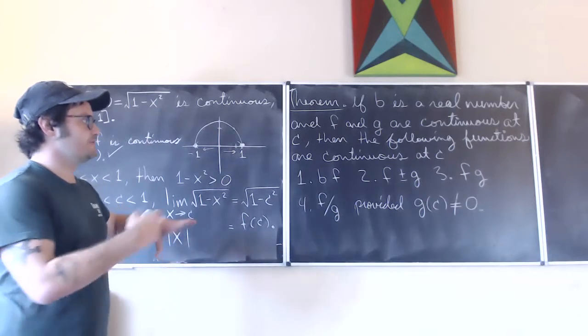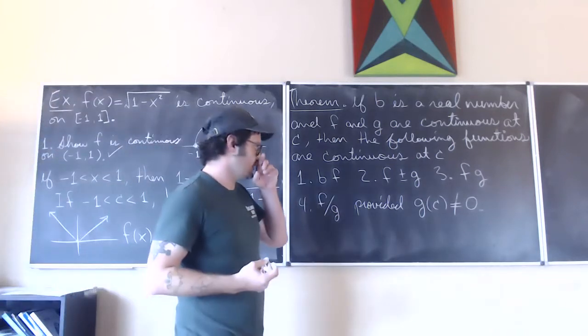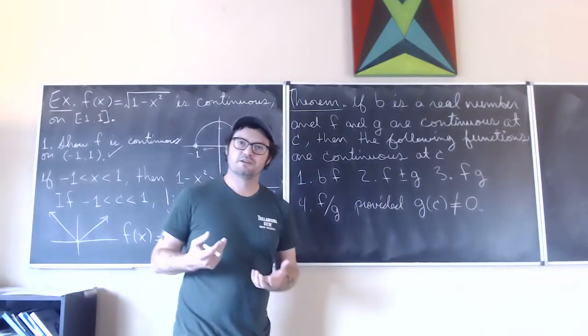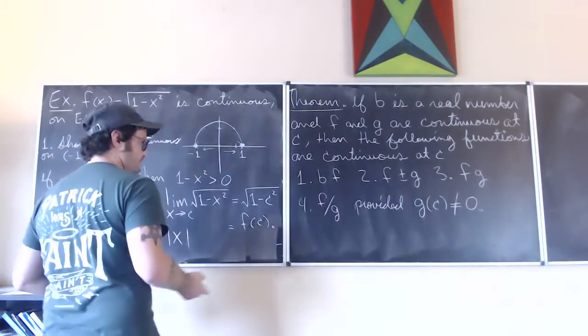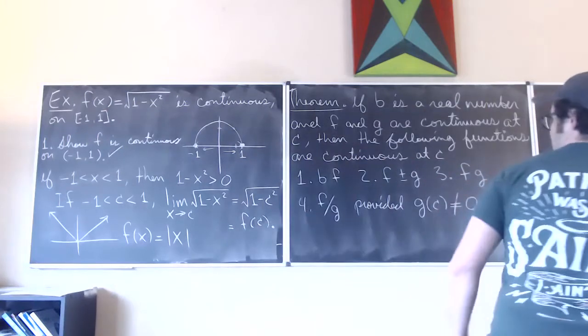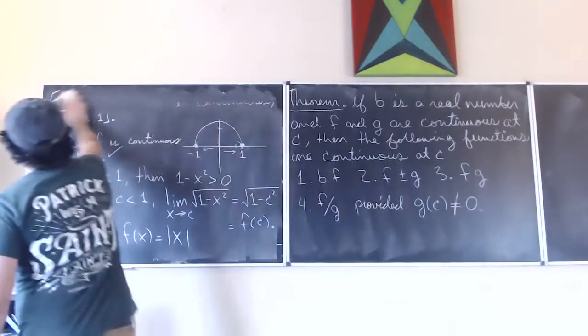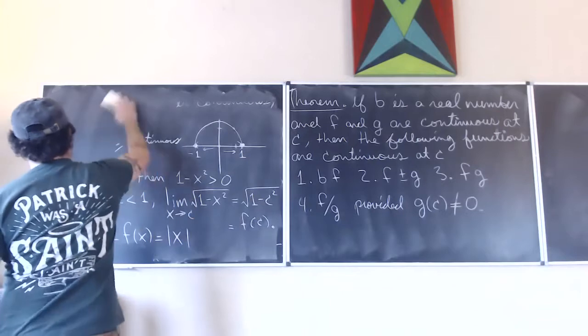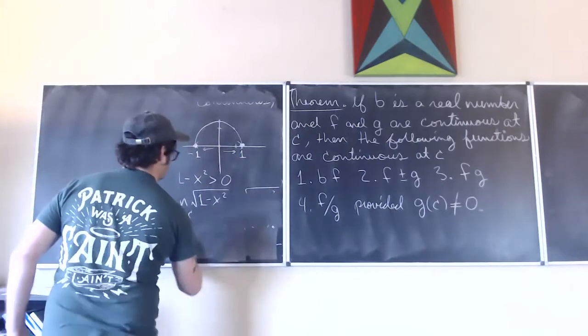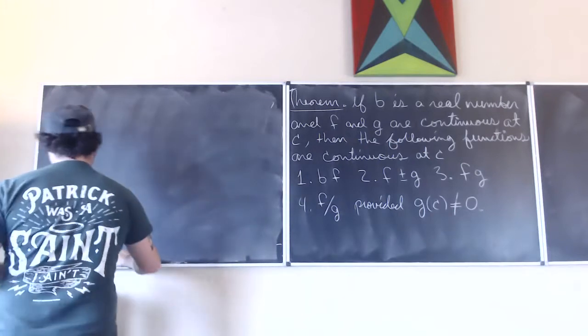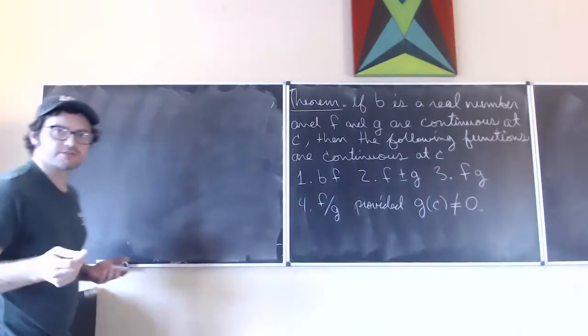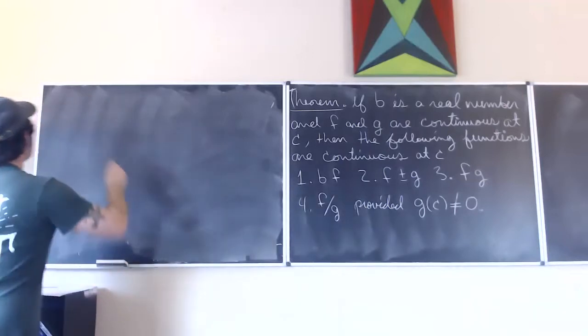So now this gives us a way of thinking about a vast variety of types of continuous functions, right? So for example, think back to the previous section on polynomials.